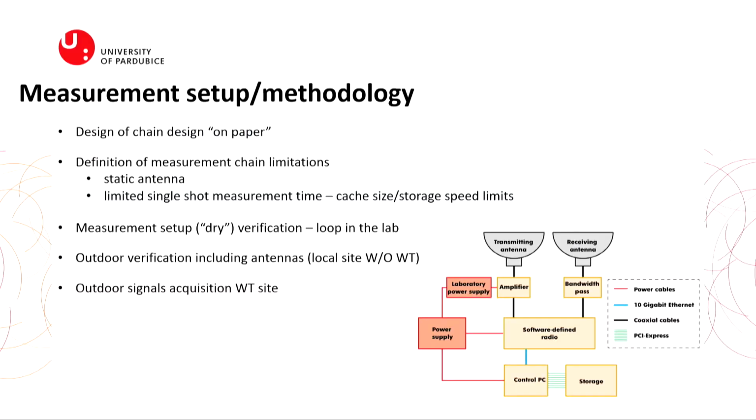Also, you already discovered that our transmitting and receiving antennas don't have any gear, so they are not rotating, right? We don't use a rotating antenna, but what is the difference between a rotating antenna and a non-rotating static antenna? If I have a rotating antenna, I illuminate my wind turbine only for some small period of time.